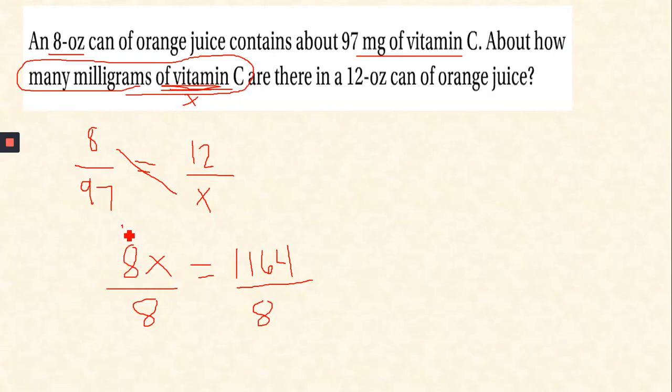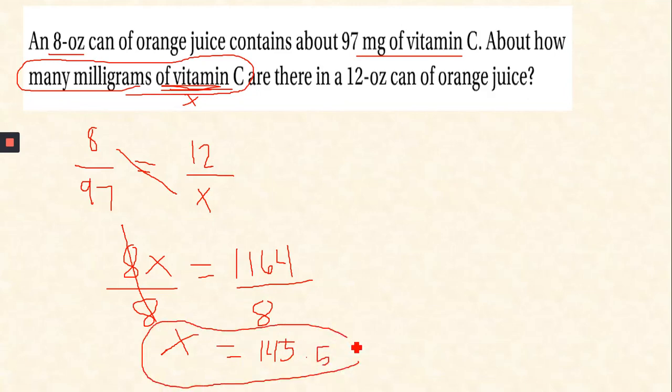So 8 divided by 8, that is 1. So x now equals 1164 divided by 8, that is equal to 145.5 milligrams of vitamin C. Okay? So x here is equal to 145.5.